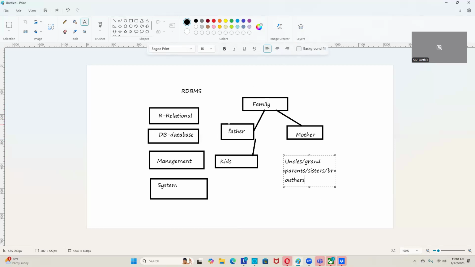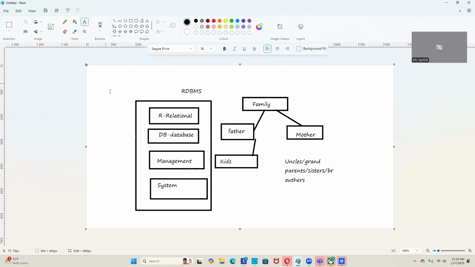Similarly, a database also has relationships. In an RDBMS, the data is maintained in the format of tables, and each table has its relationships. Once the data is related, we are going to do all our data manipulation.